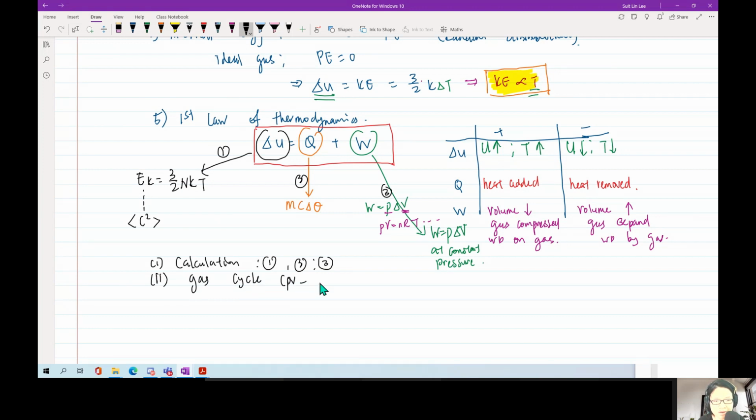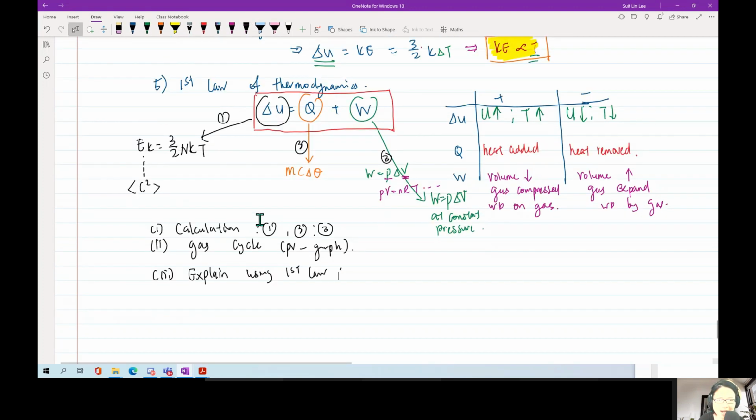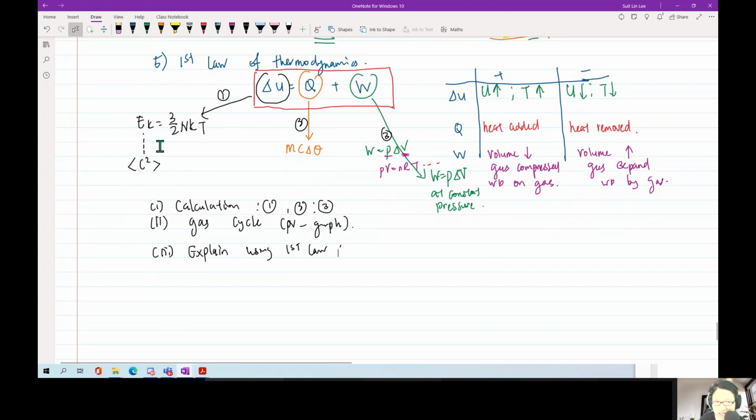The third type of question is explain using the first law. You can see why they prefer to ask this, because it's like choose your own pizza. You can choose your own topping. Do you want to ask this side? Ask students to explain.